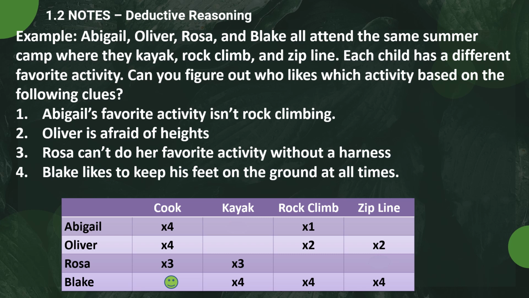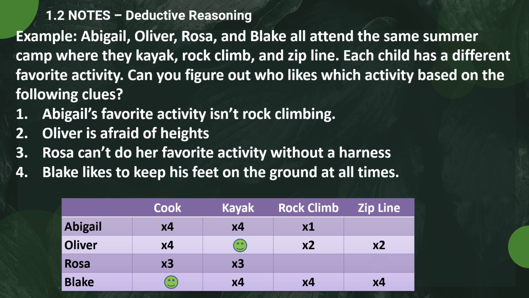The only option left for him would be kayaking. So that's great for him. If he is the kayaker, then nobody else can be the kayaker, which means Abigail cannot kayak. So number 4 knocked her out for that one.